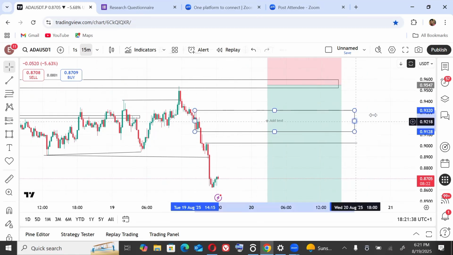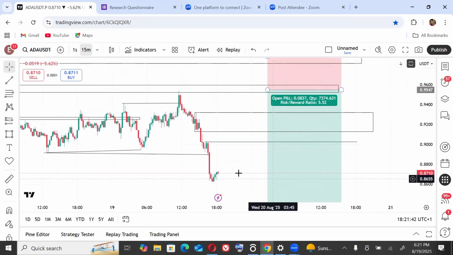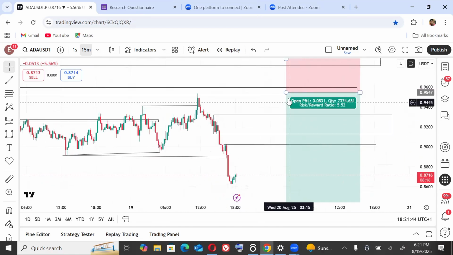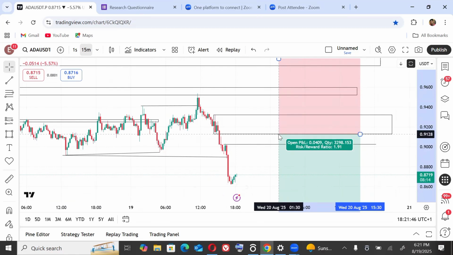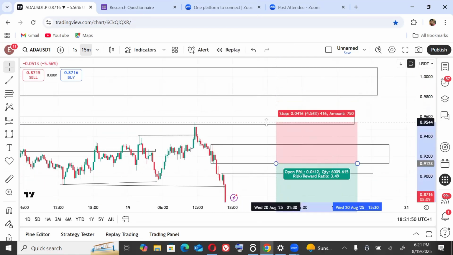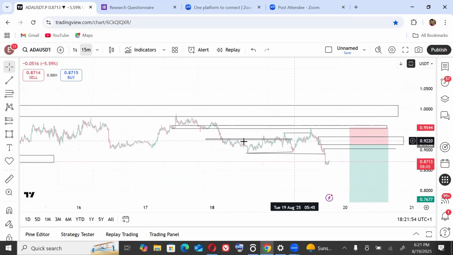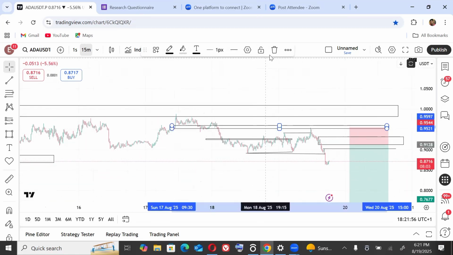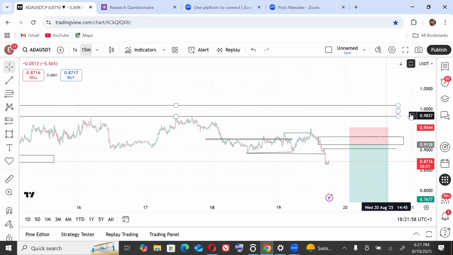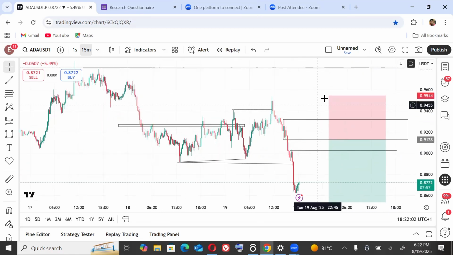This is valid supply. Sell from here. Let me remove this other block. This is where I'm going to be selling from.